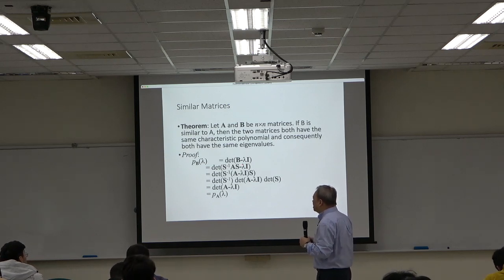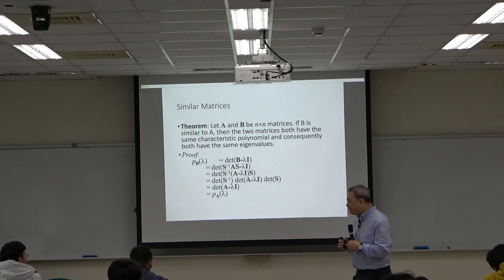What does it mean that two matrices are similar?